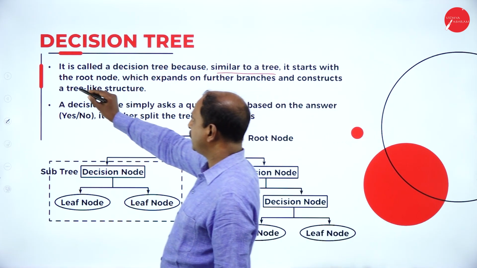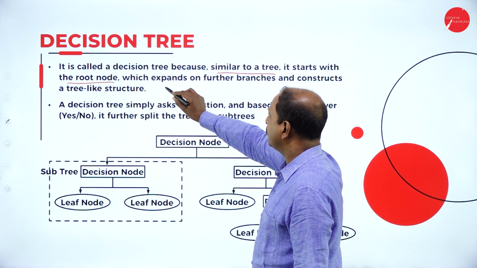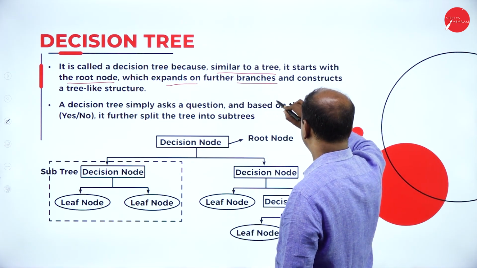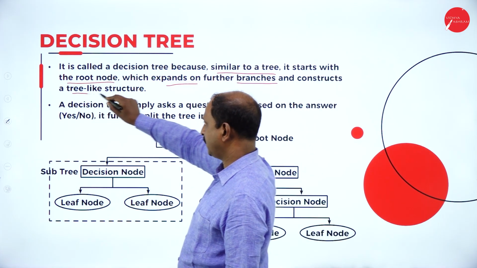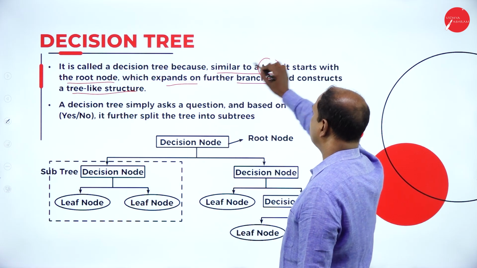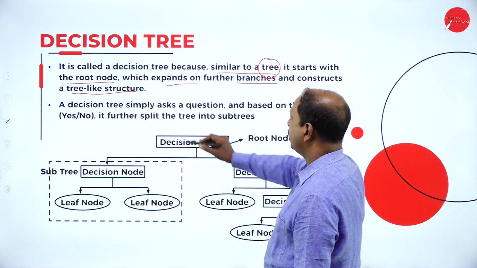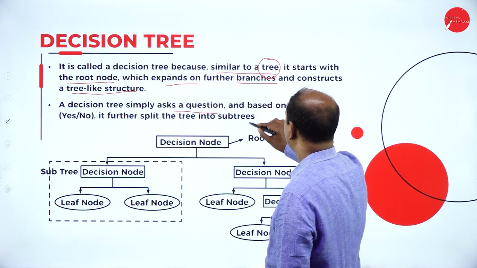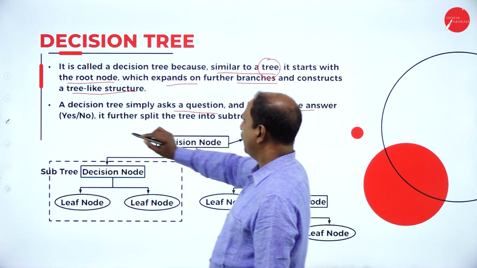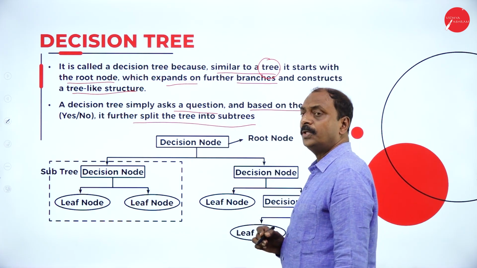It starts with the root node, then expands into further branches and constructs a tree-like structure. You can find the root and branches. It is simply a question, and based on the answer, yes or no, it further splits the tree into subtrees.